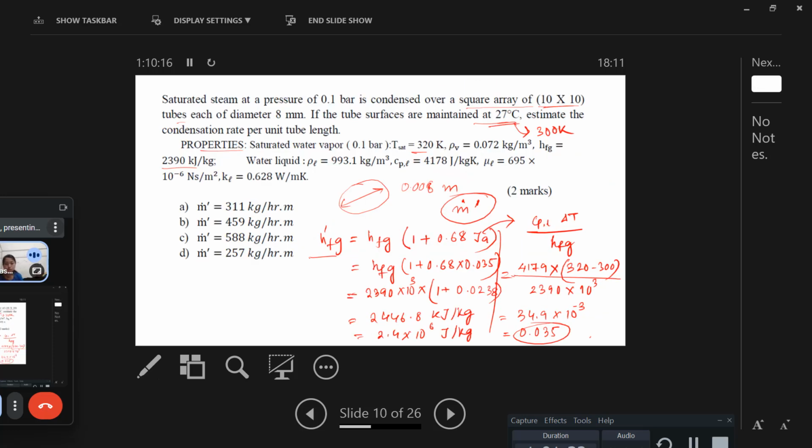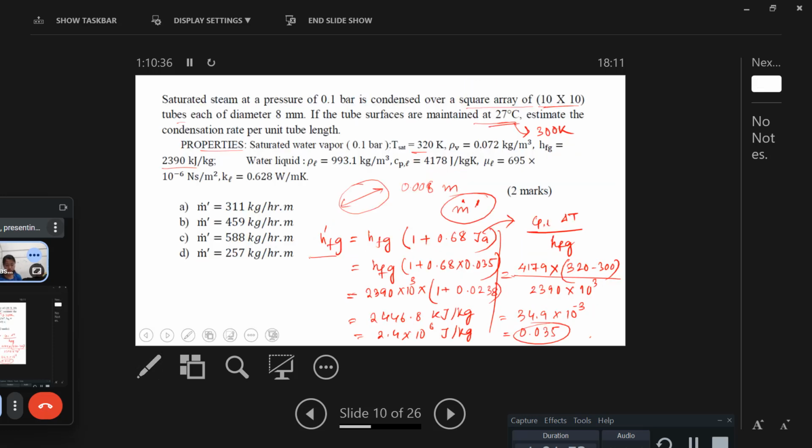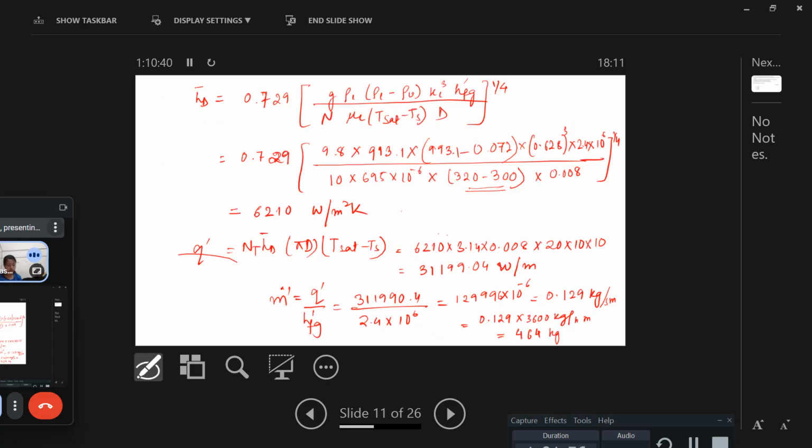So it's almost matching with the option B, 459. This is kg per hour into meter. Okay.